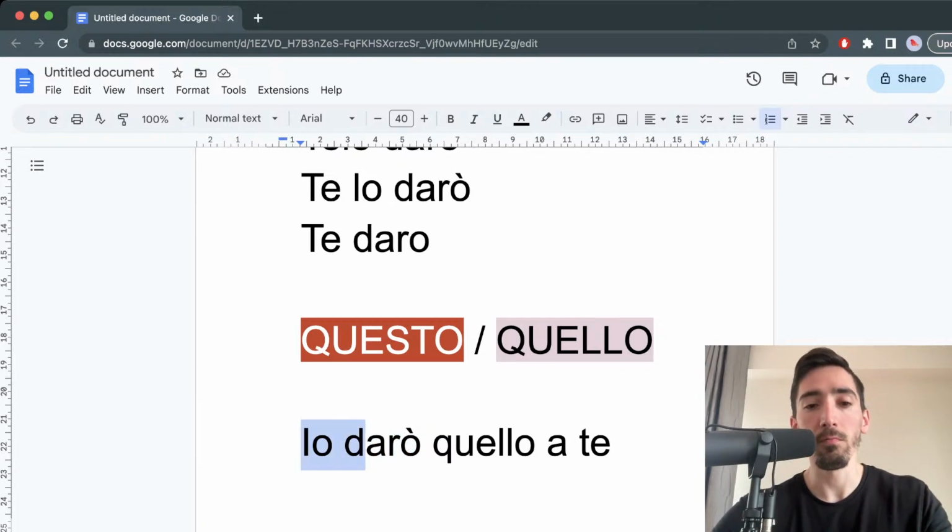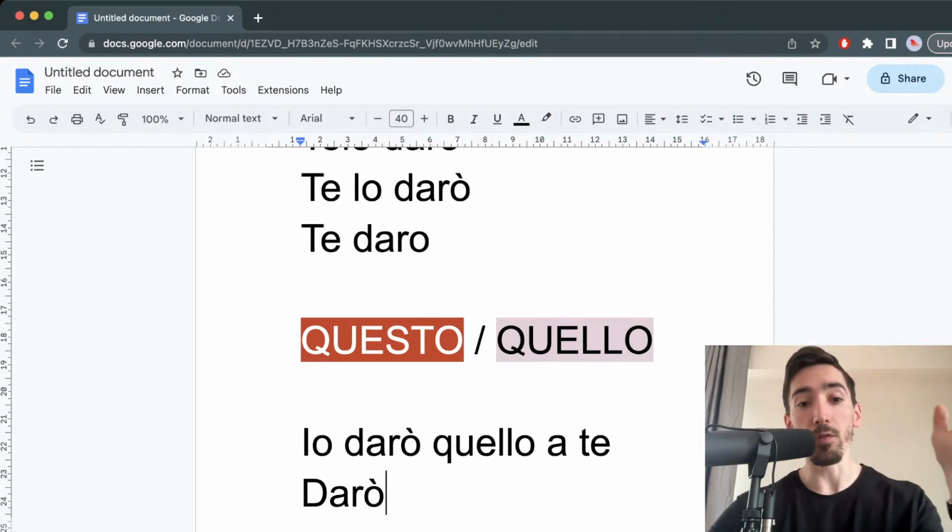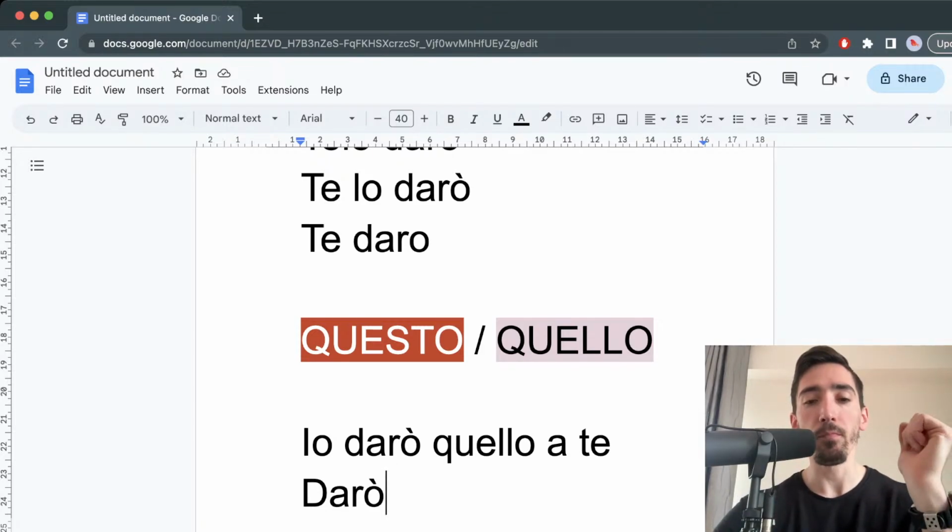We can just go darò. Darò contains the subject information. So we can infer from that conjugation who is doing what, or who is performing the action. Darò. Io. Okay, fine. So we do without the subject pronoun. Darò quello a te.